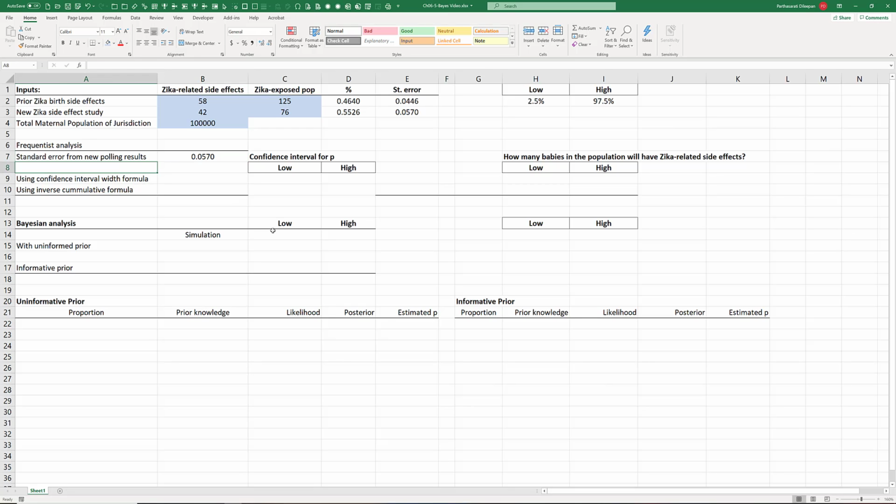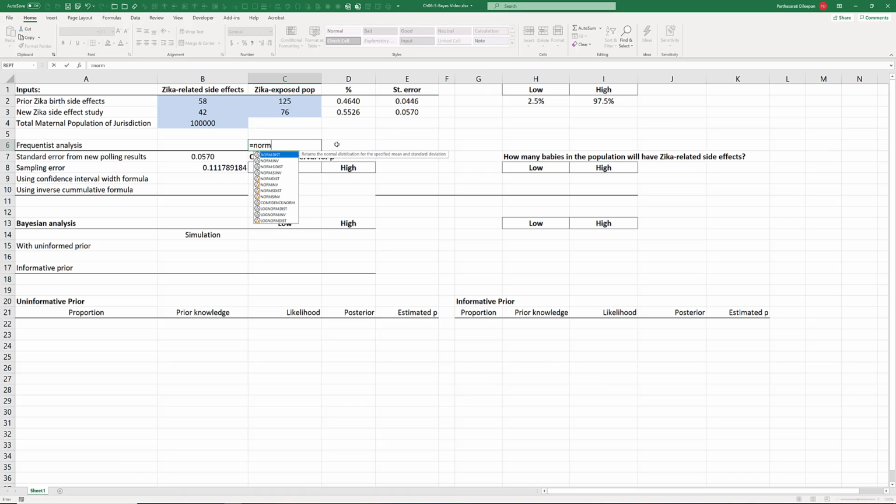Okay, so we can do a sampling error. That would be that times 1.96, which is really, you need to put that 1.96 outside, and then use norm dot s dot inv.